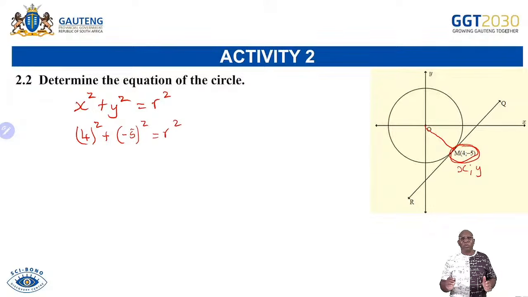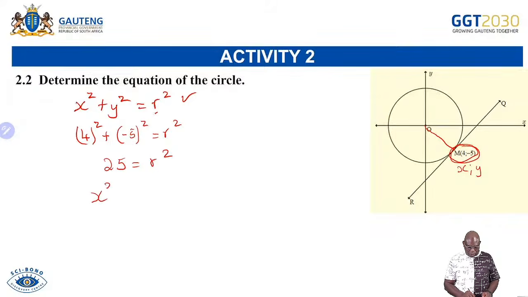You don't have to take 4 squared and then just use the calculator, and the calculator will give you an exact answer of 25. I can stop here because already the equation is there. So it's just the replacement of x squared. But because I want to be smart, I'll say x squared plus y squared equals 25. Please do not get the square root of 25. We're having a lot of learners, when we're marking, who write 5 here instead of 25.